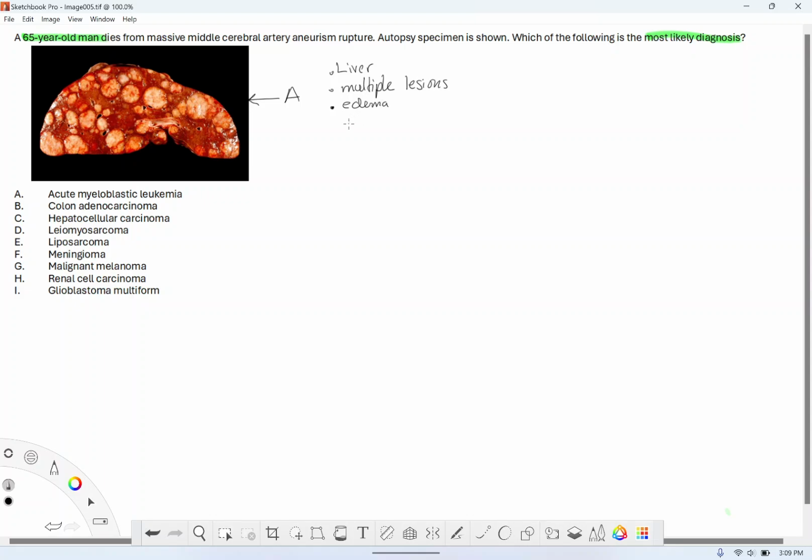So whenever you see multiple masses within a liver surrounded by edema and swelling, you should think of metastatic liver cancer.